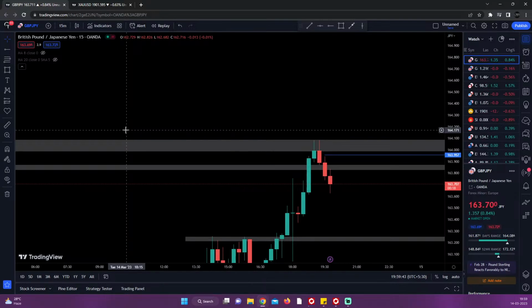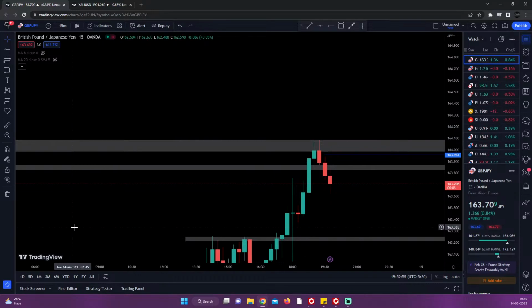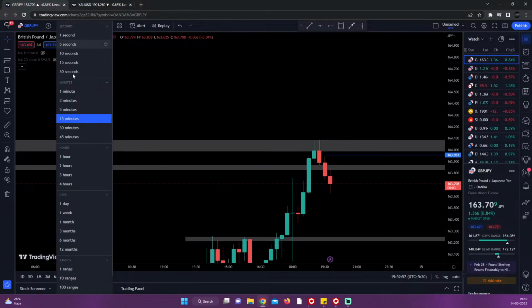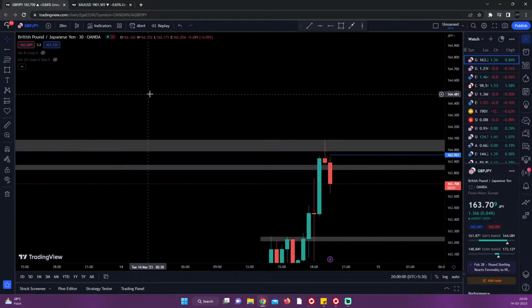GBP JPY 15-minute candle is about to close, and I think it's about to close like this. If this candle closes like this, then how can we take a trade? Obviously, we cannot take a trade. I'm gonna go to 30 minutes.